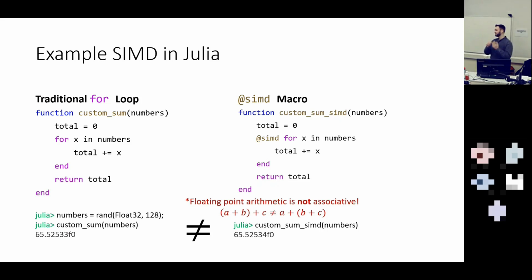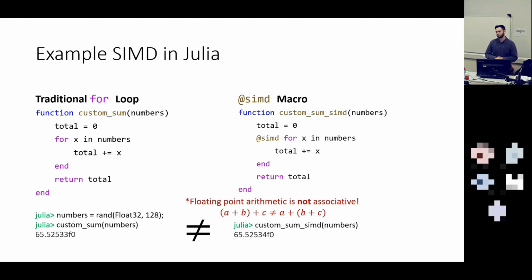So if you add together three numbers, A, B, and C, if you add the first two numbers together first and then add C, you usually get a different result to if you were to add the second two numbers together first and then add A. So if you're ever checking whether a sum is equal to 1 with floating point numbers and you find out it's actually almost 1 but not quite, it's usually floating point arithmetic. So you've got to be careful of that in your code.